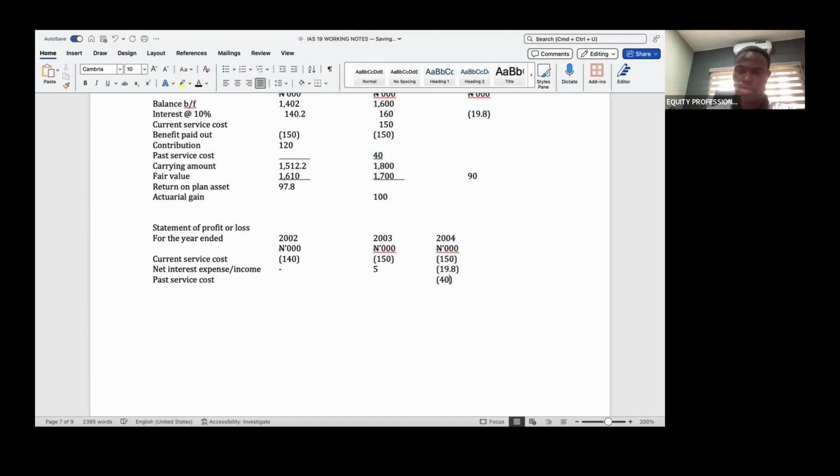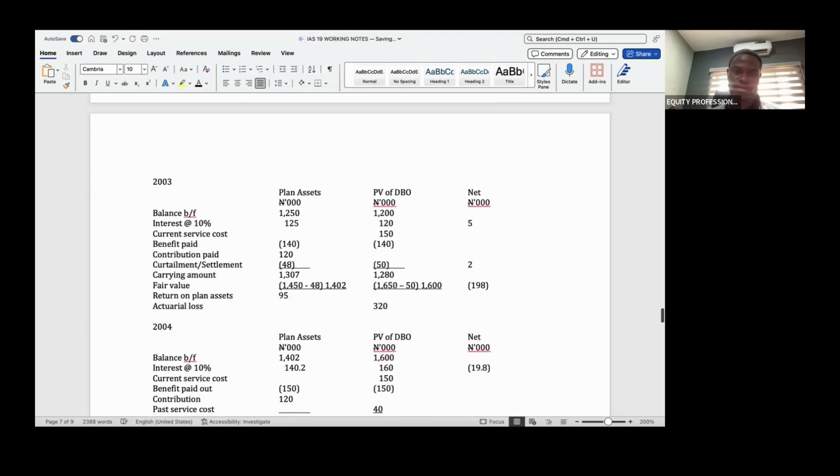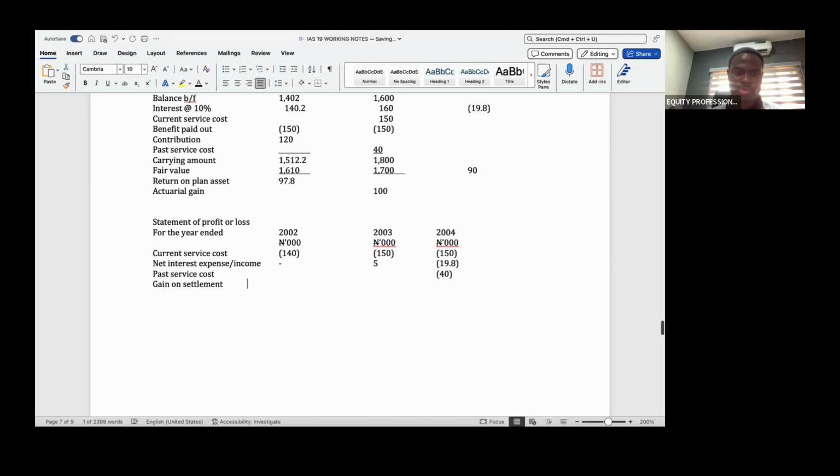Expense. Which one again? Don't let us forget gain on settlements that happened in 2003. These two, 2003. I guess that's all.